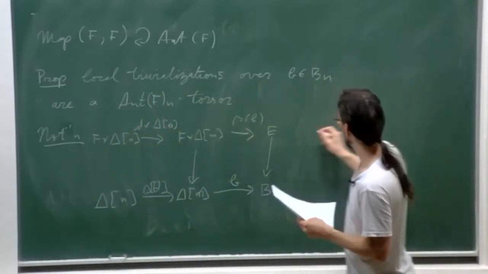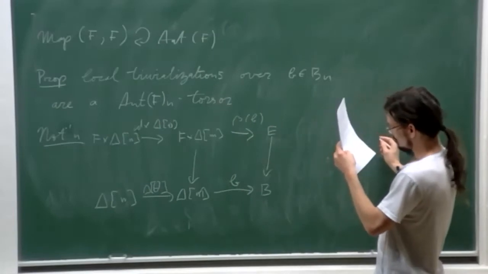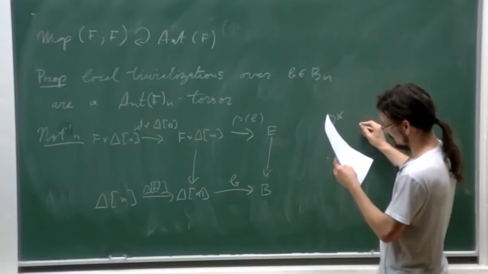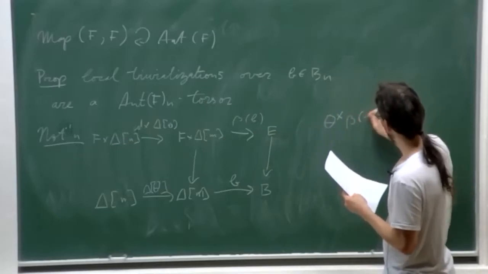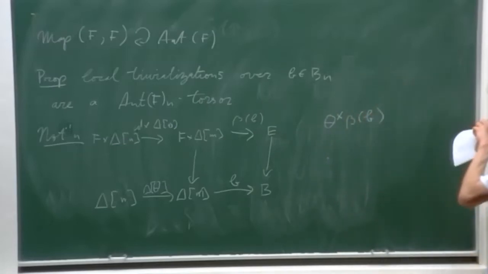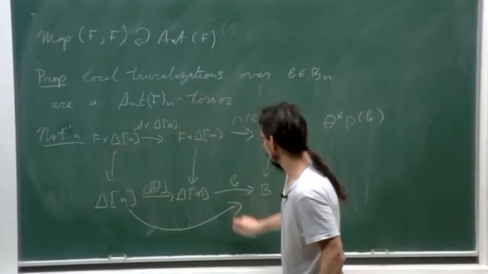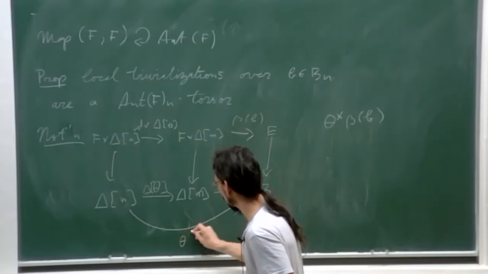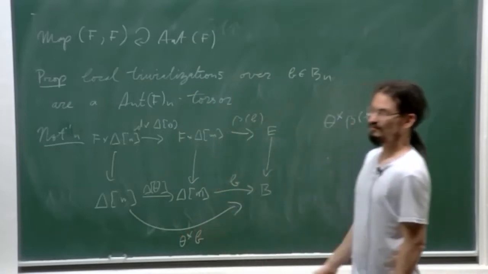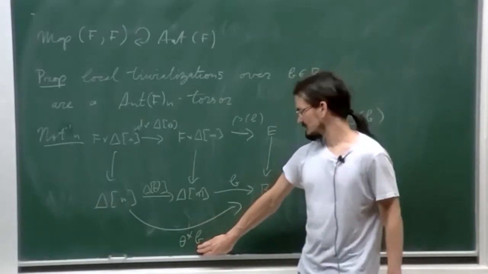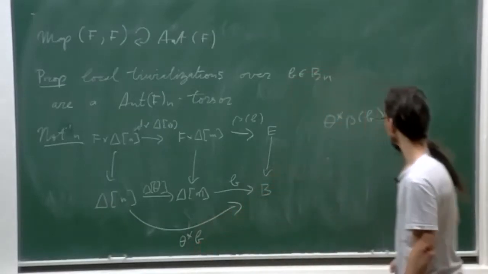So if you just pre-compose, then you're going to get the pullback by theta of beta B. But another thing you can do is to pre-compose down here, and given an atlas, you just take the local trivialization over this map.